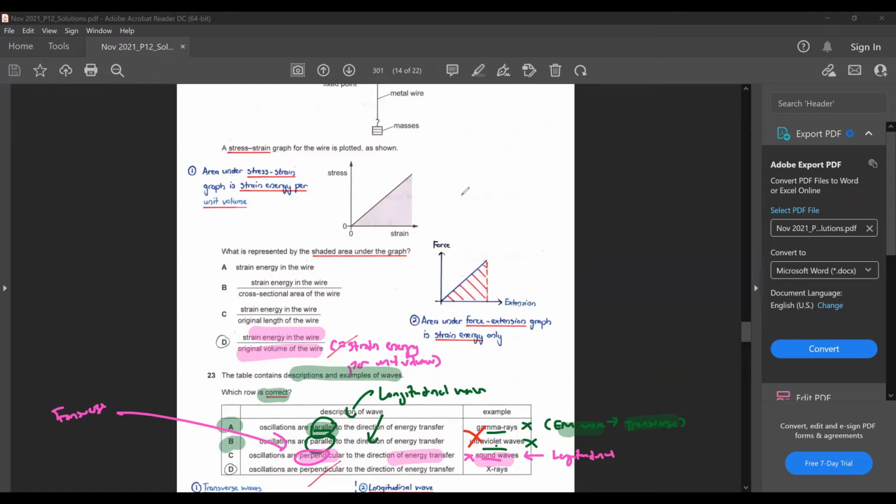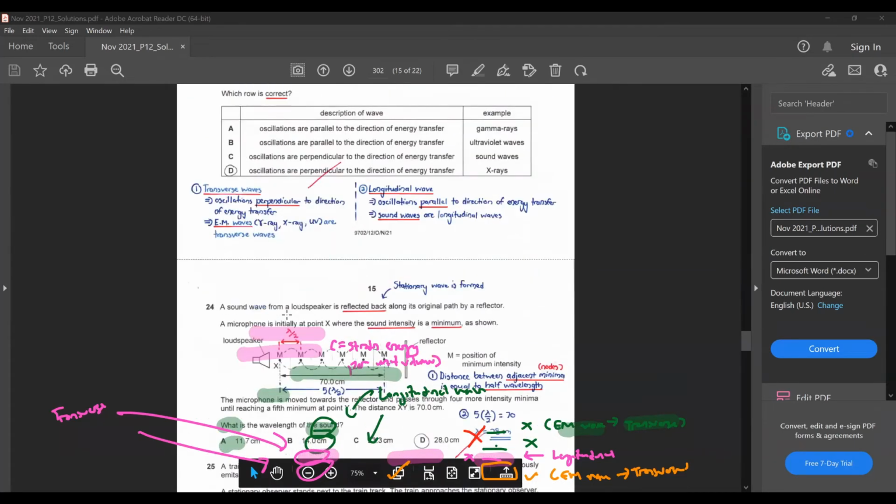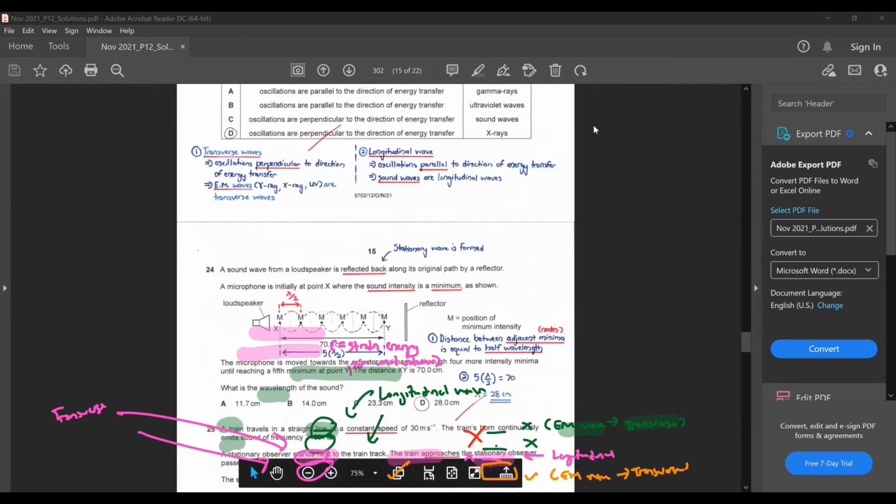What about C? C is also talking about oscillations being perpendicular to direction of energy transfer. C and D are talking about transverse wave. Now they give you the example X-ray. This one is correct. X-ray is an EM wave. It's actually a transverse wave. So answer is D. Okay, so this one is just something that you would have memorized from waves.